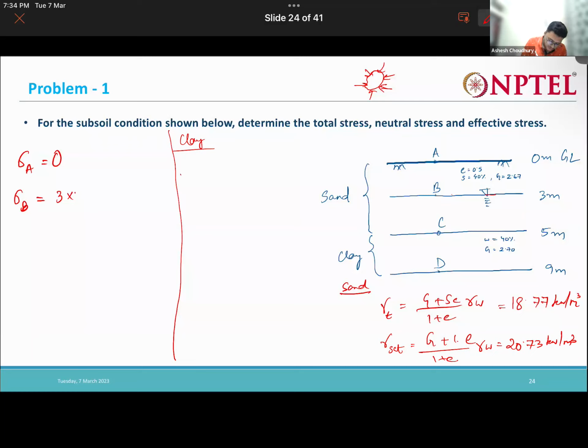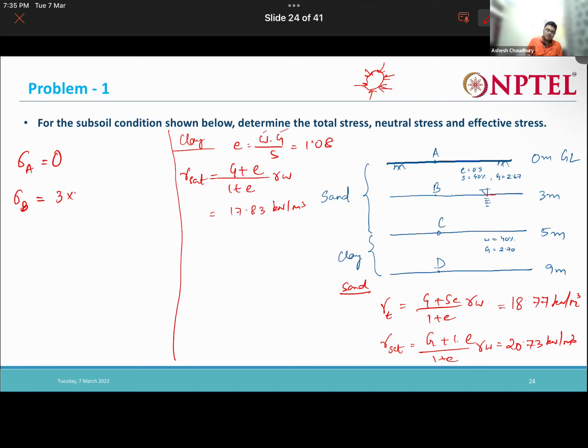So for the clay, my water content is given.